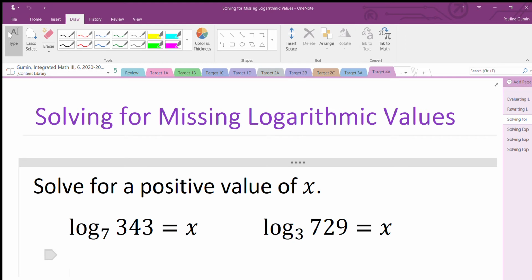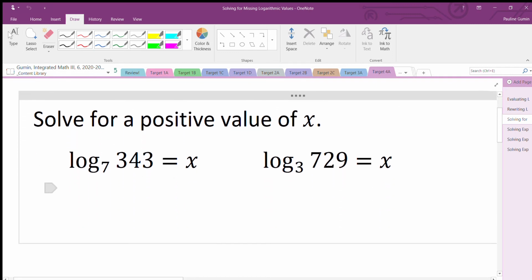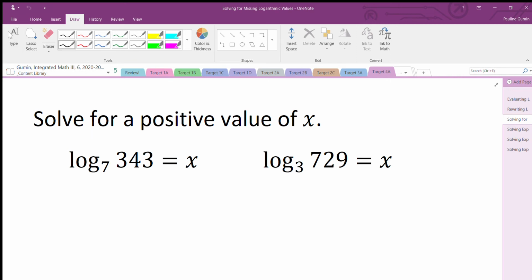All right, so first, let's take a look at two problems that are in logarithmic form that we have been able to solve already. Now, this first one, log base 7 of 343, you can input that into a calculator to find x, or if you're doing it by hand, we can rewrite it as exponential.